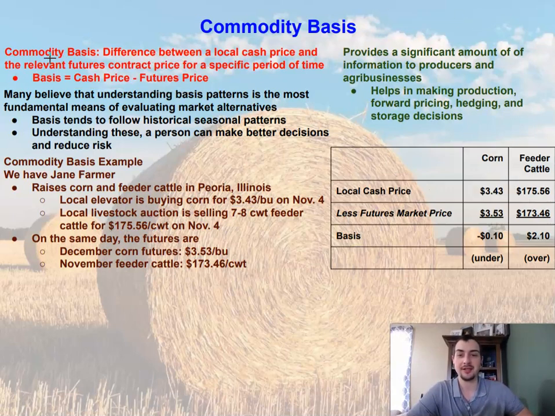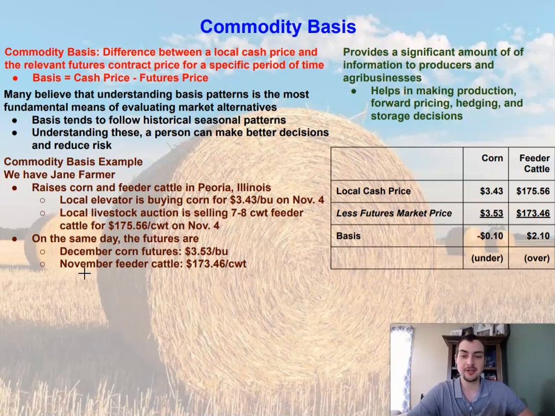If we're going to be selling corn and we want to know the local basis for that corn, you better believe we're going to be looking at corn futures. And not only that, we're going to be looking at the corn futures for the month in which we are looking to sell that particular commodity.